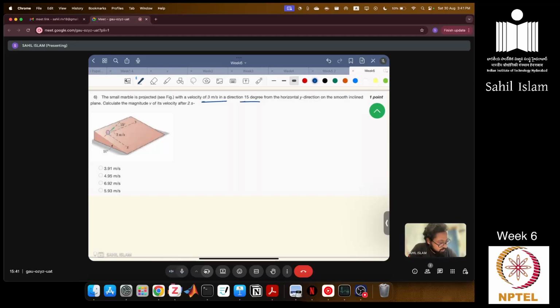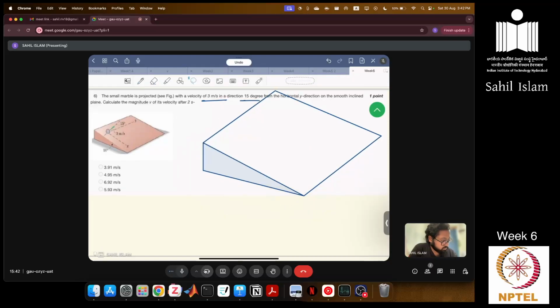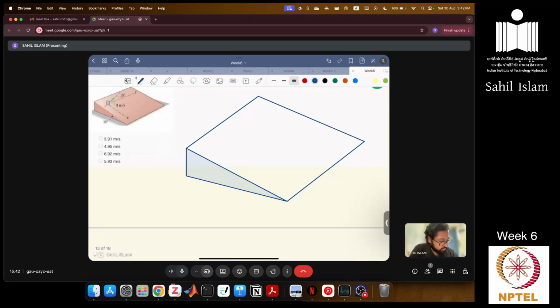So can I redraw it? Let's zoom and redraw. So now it says that there is a ball here.